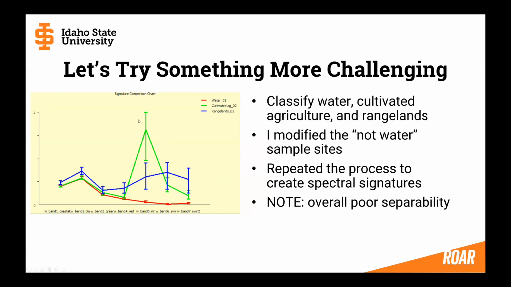And in fact, when we only have one band that provides separability, that's like putting all the eggs into one basket, and it's not good. So we really shouldn't expect very good classification results when we're relying on just this separability. And this is the separability for the training sites, not necessarily the validation sites.